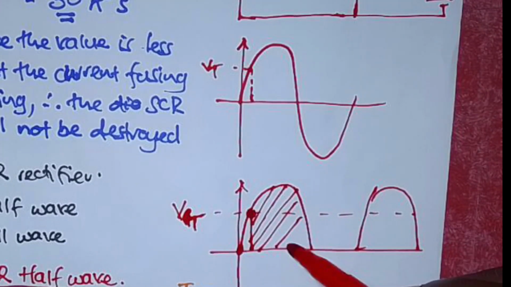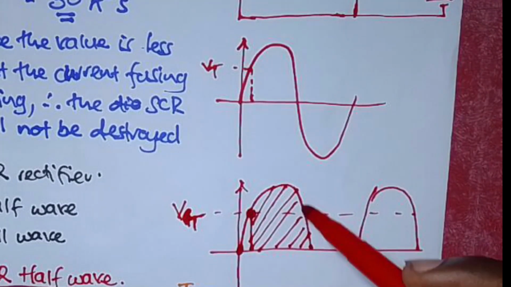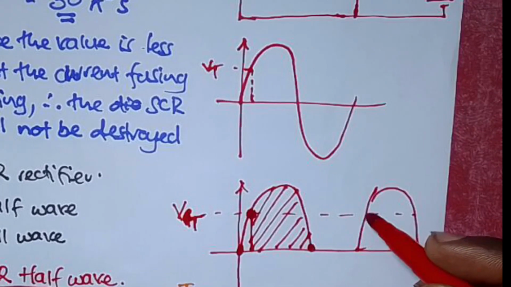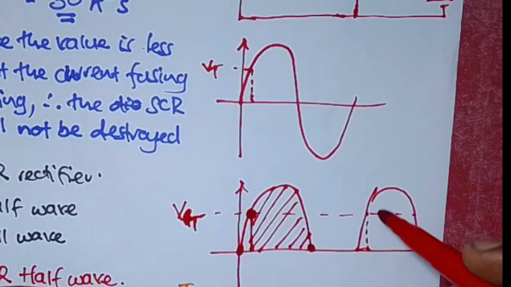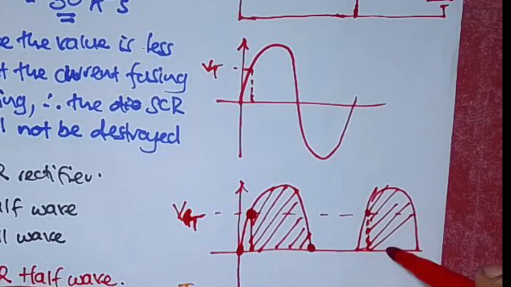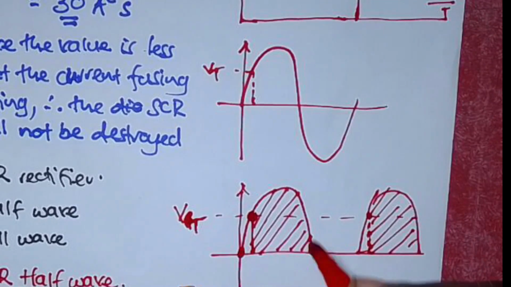And when it drops below 0, the SCR will be turned off. Again, it will be turned on when this value reaches the triggering voltage again. I don't know if you get me there.